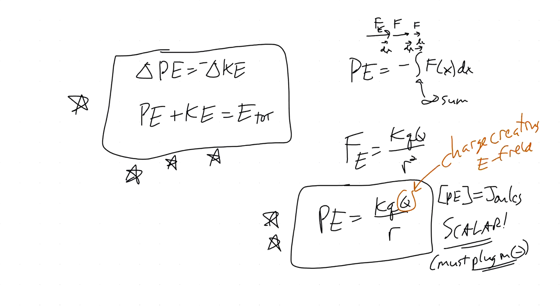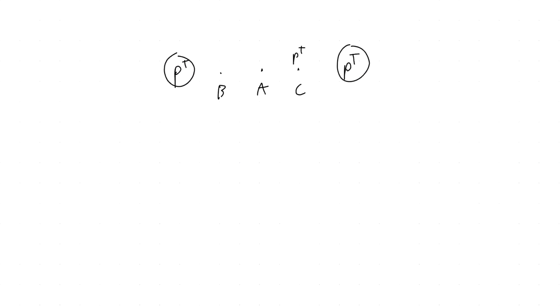And this is the charge feeling the field. Feeling force, feeling potential energy. That's this one. So we need both. And so these will be the creators, right? And this is the feeler.